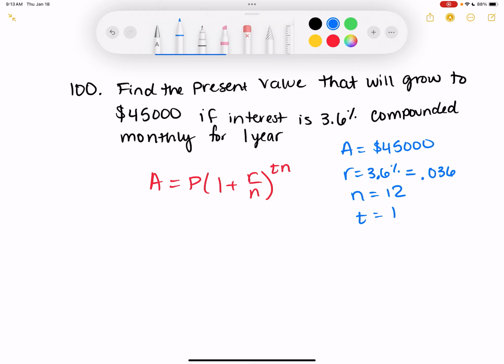So I'm going to plug these numbers in. I've got 45,000 equals P times 1 plus 0.036 divided by 12, raised to the 12 times 1.